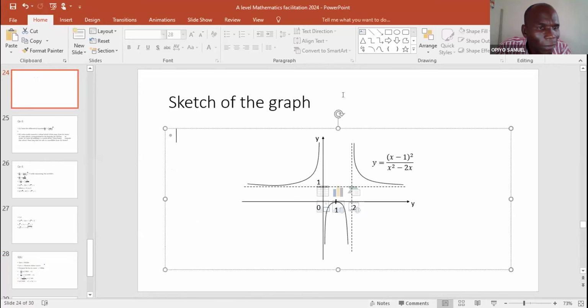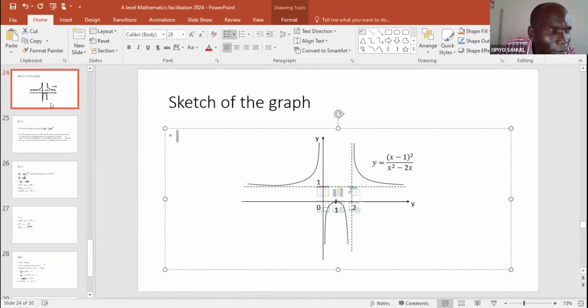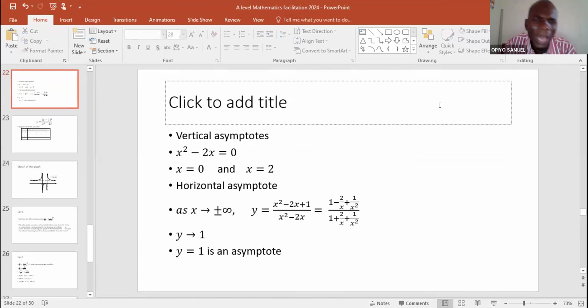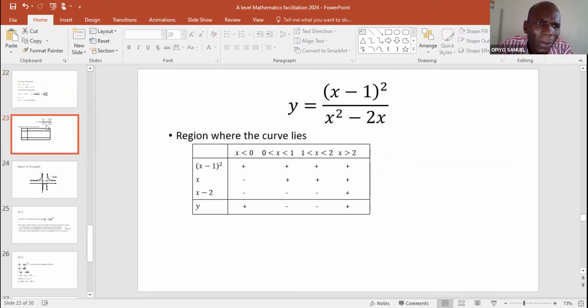We had been told that when the powers are the same, like the numerator and the denominator, we always find the slanting asymptote, and we use long division. Is it right? Okay, you can use long division, but look at this function.